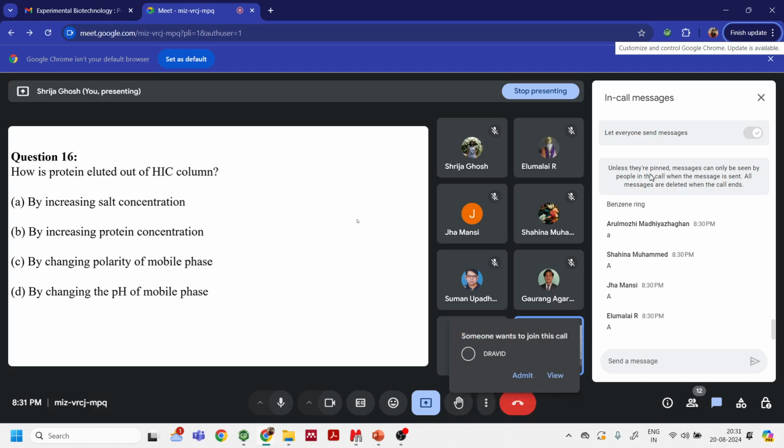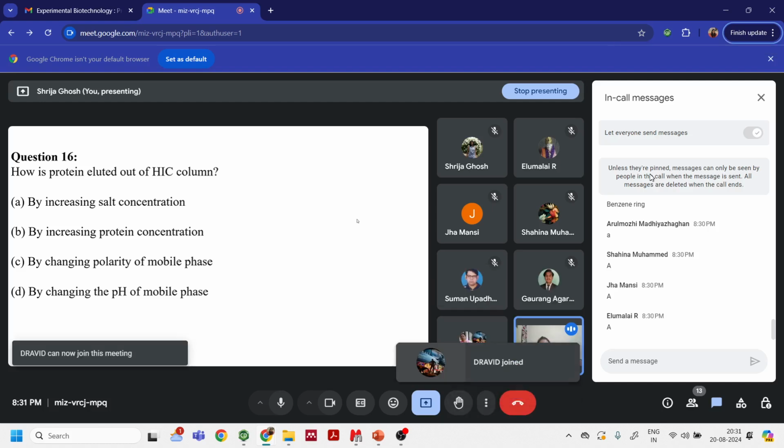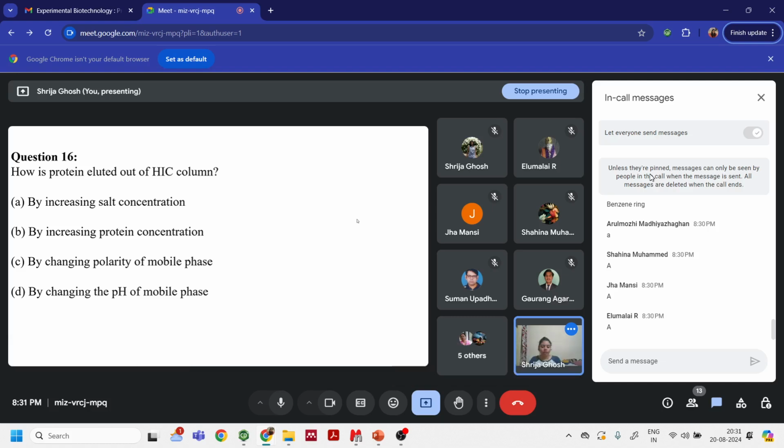What do you think happens when we increase the salt concentration? If my interaction is based on hydrophobicity, what will happen by increasing the salt concentration? People who have answered by increasing the salt concentration, I need a reason.